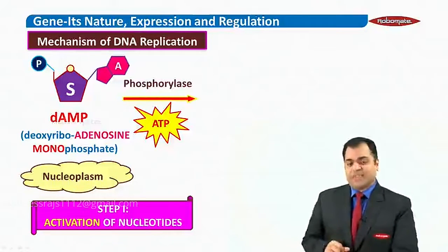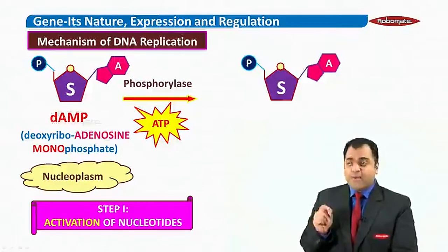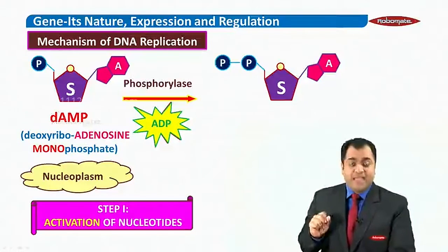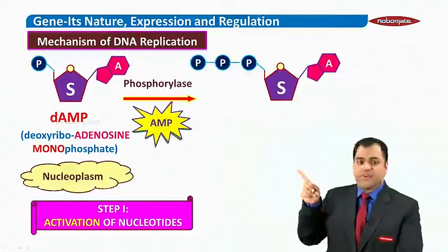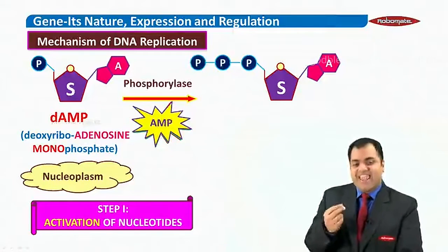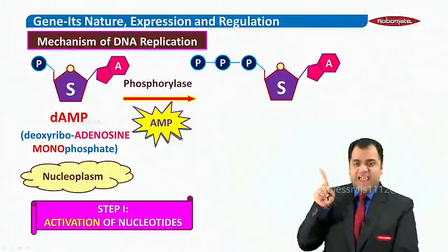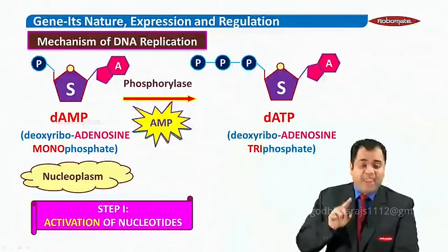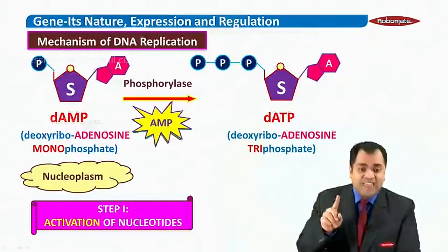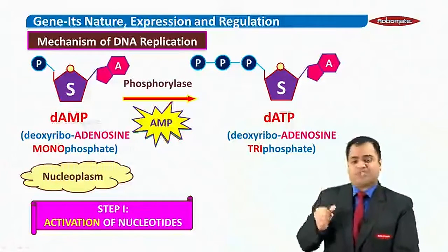Let us look. I'm repeating the same molecule of DAMP. Now I'm going to add one phosphate group. Look, a phosphate group just got added. Now I'm going to add one more phosphate group. See what happened? I just converted an AMP to an ATP, and I'm going to call this molecule DATP, which stands for deoxyribose adenosine triphosphate, because it now has two more phosphate groups.